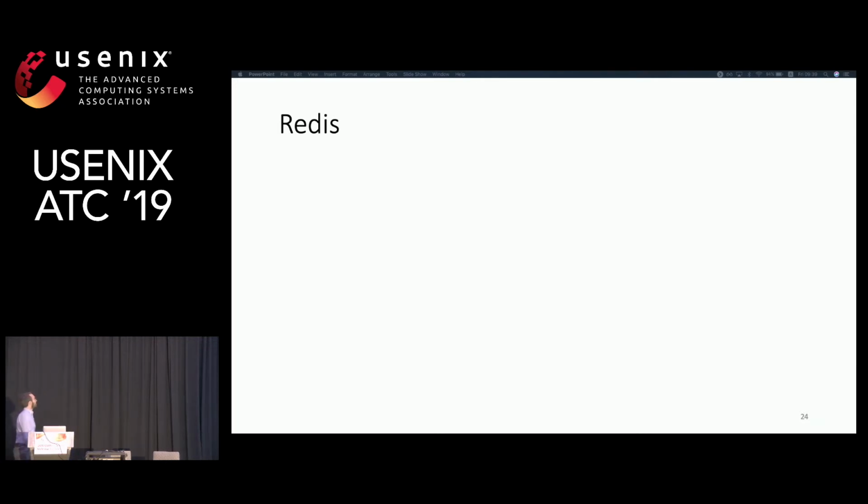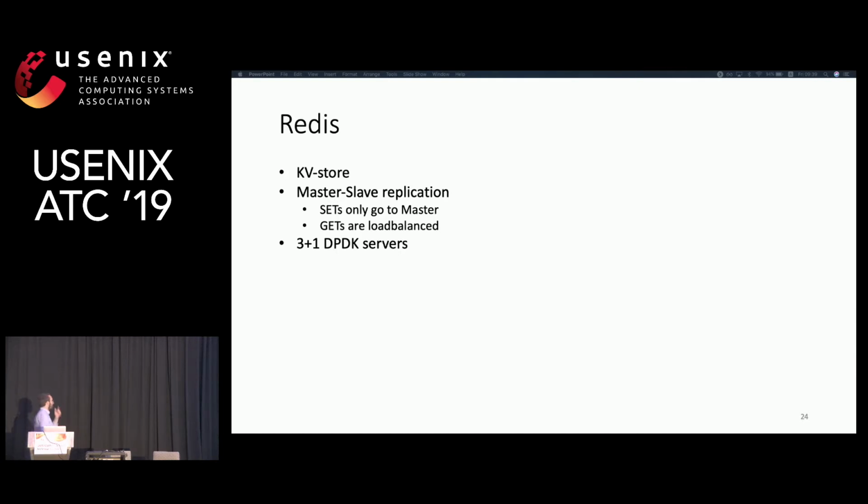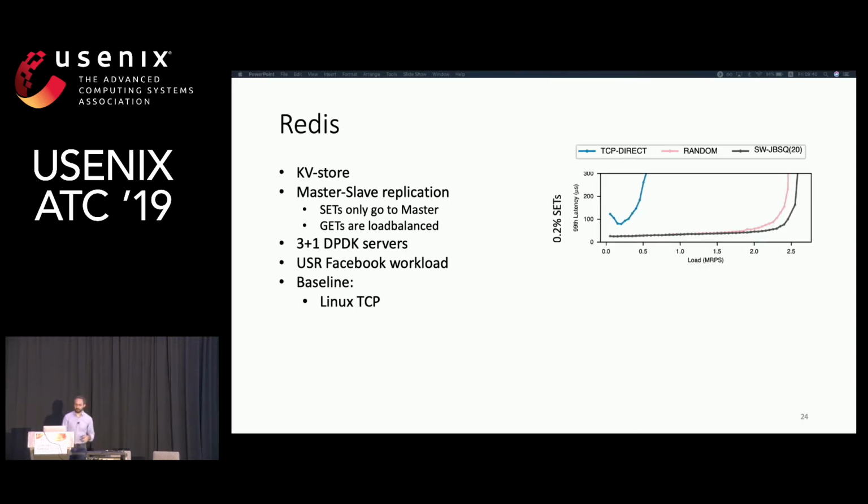Redis is an in-memory key value store that supports master-slave replication. And in this scheme, set requests only go to the master, while get requests can be load balanced. So we use the policy field to do that. And the middle box only forwards set requests to our master, and load balances the get requests across our 3 slaves. We run the Facebook user workload, and we compare with the vanilla Redis implementation on top of TCP.